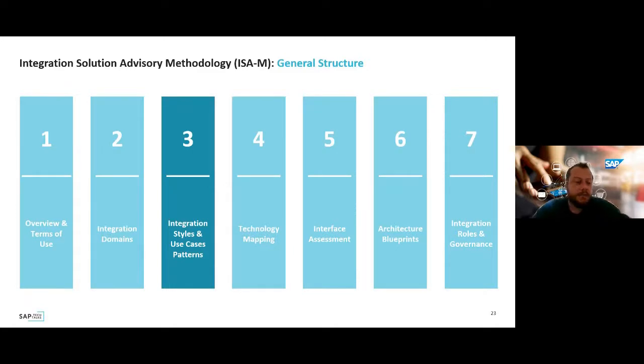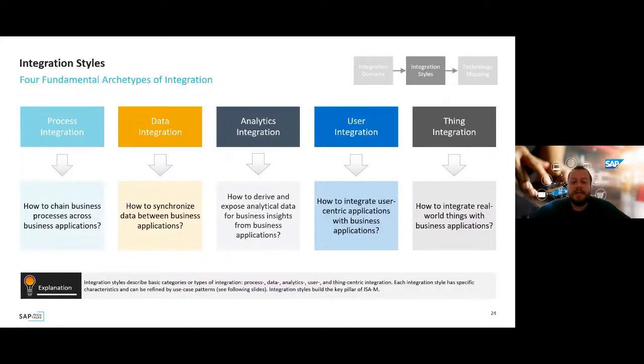After that, just a minute, we will have the integration styles and use case patterns, right? So basically SAP brings something like a 5+1, right? Why 5+1? Because by standard we have five: process integration, which is basically a chain of business processes across business applications.